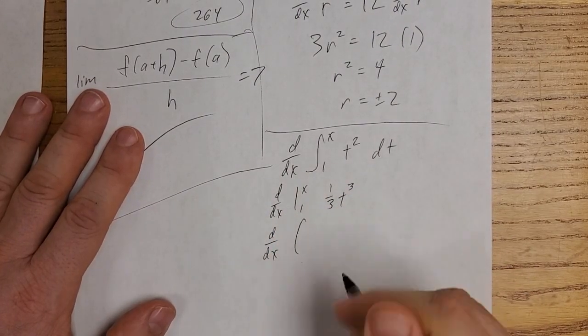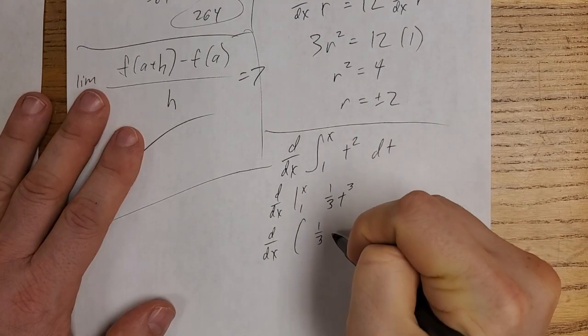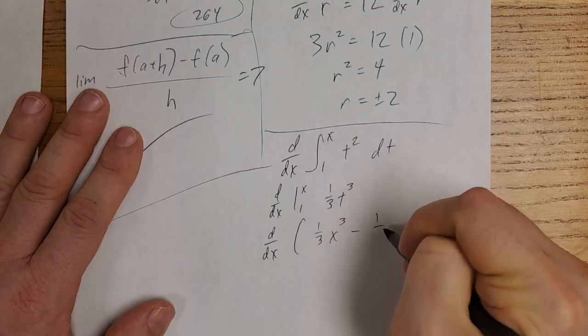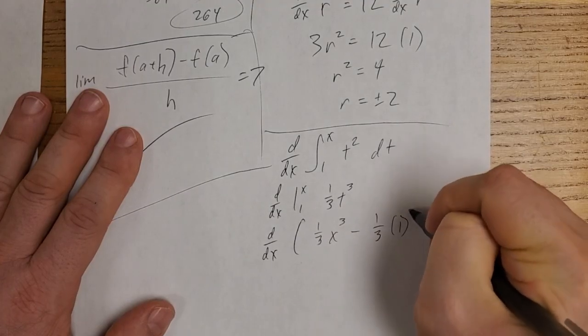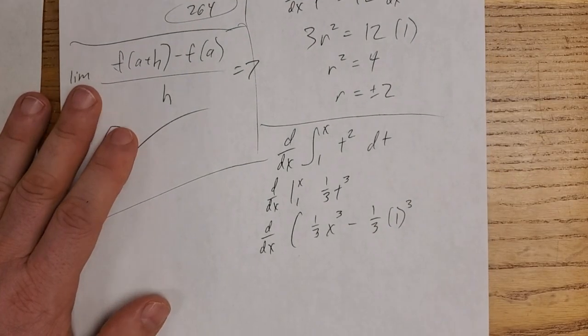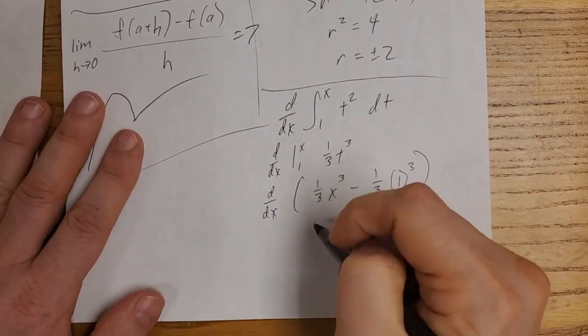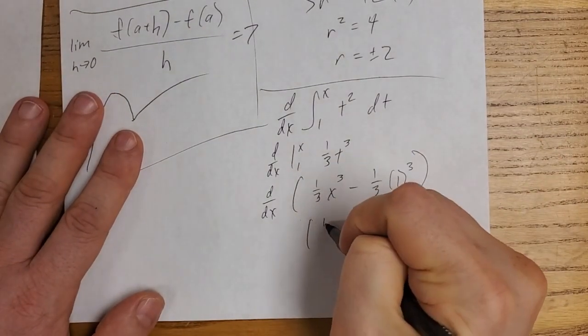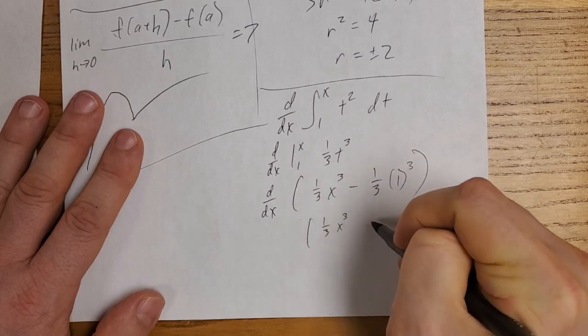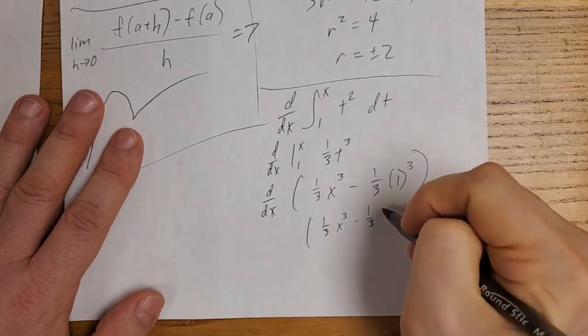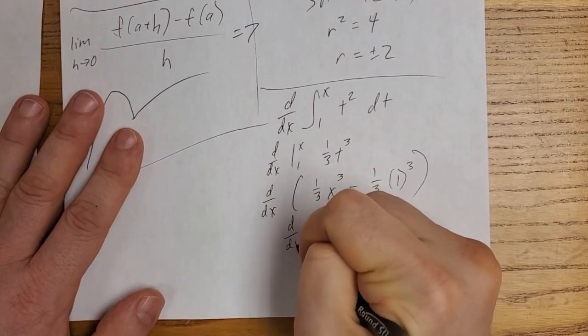So 1/3 x cubed minus 1/3 1 cubed. And we can just call that 1/3 x cubed minus 1/3. 1 cubed is 1, goes away.